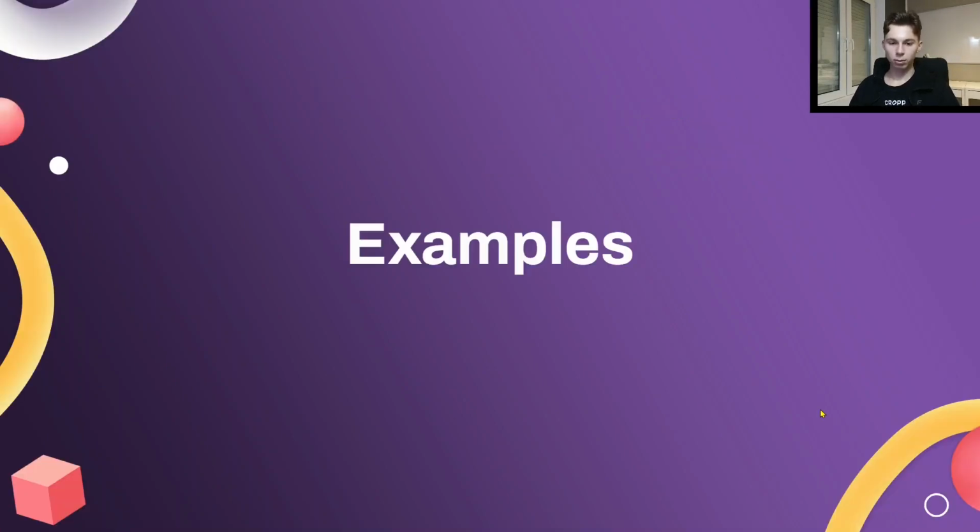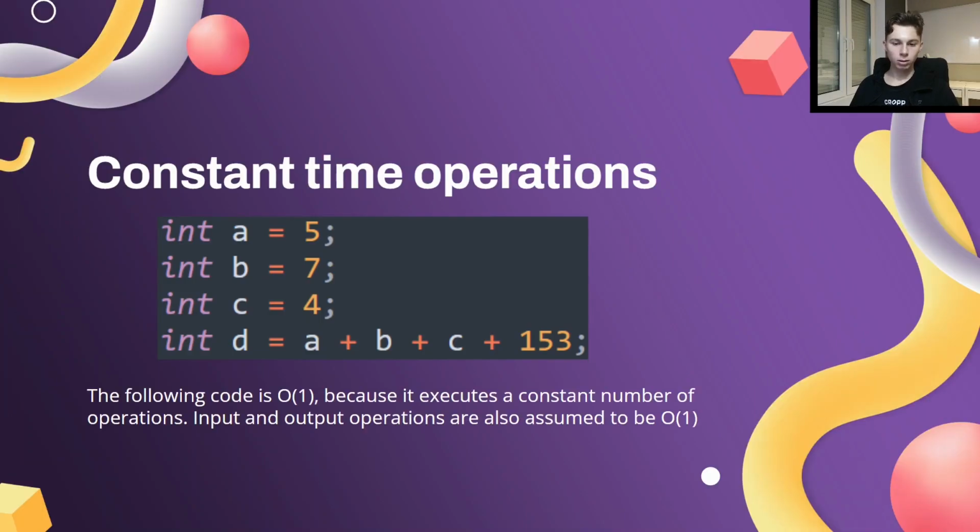Now let's go through some examples. Constant time operations. Constant time operations are operations where, if we put in an n, for example here 5, there will be only one operation, assignment. If we put, for example, n equal to 7, we'll still only have just one operation. So a constant time operation is an operation where, even though n is equal to, let's suppose, a big number, we perform a constant number of operations.